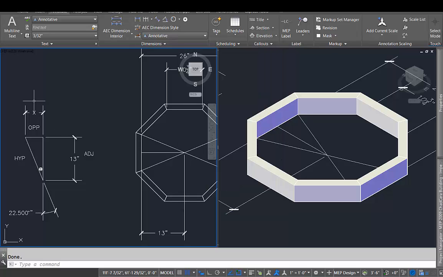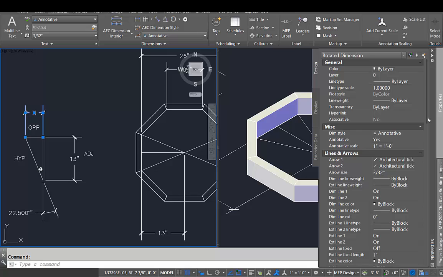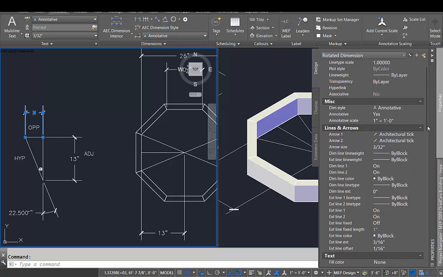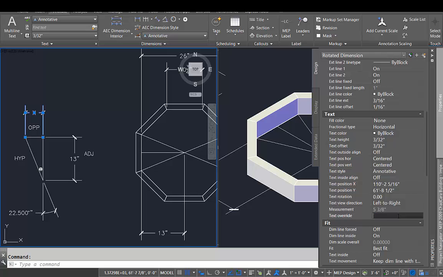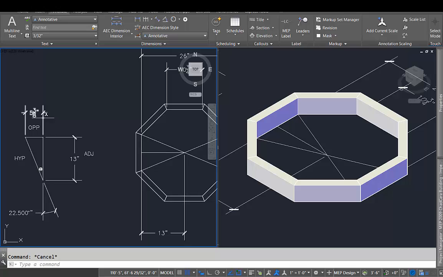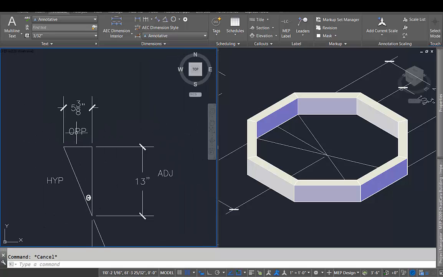Okay? So let's do this. I want to get rid of that number. I overwrote it, and I put an X in there. Let's just remove that text override, and it'll bring back my number here. So what you're seeing here is the measurement that I'm taking. However, it's not exactly that long digit.